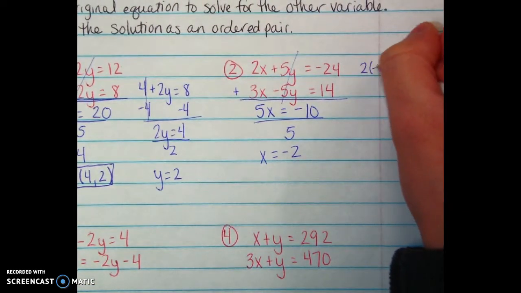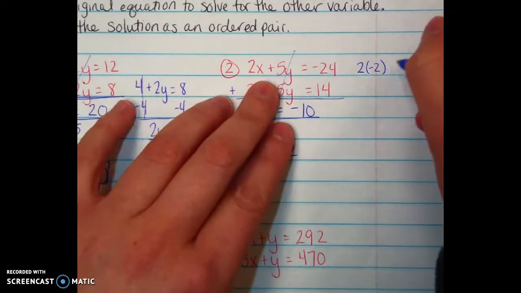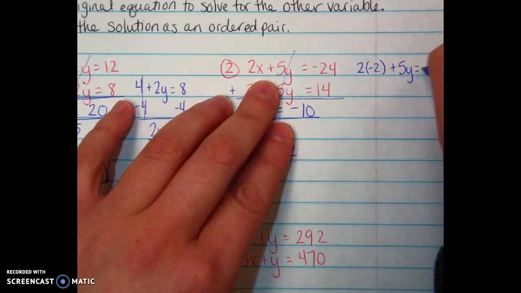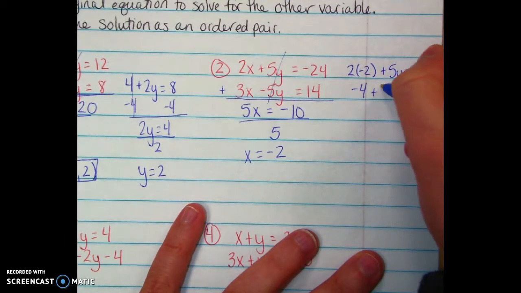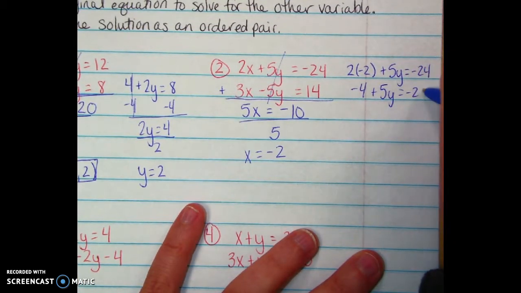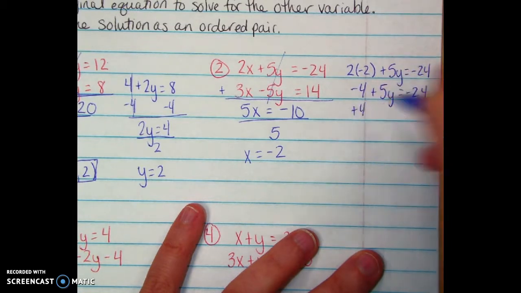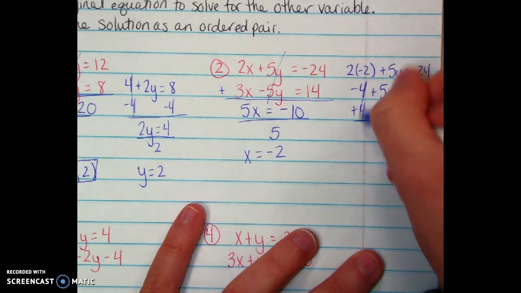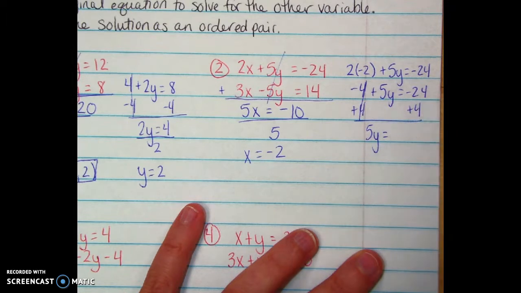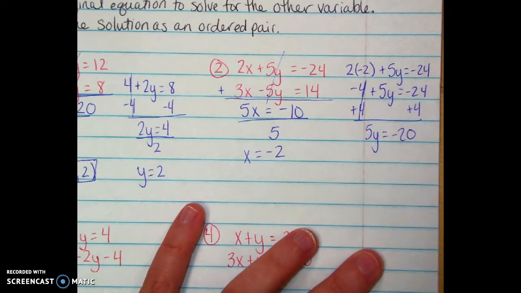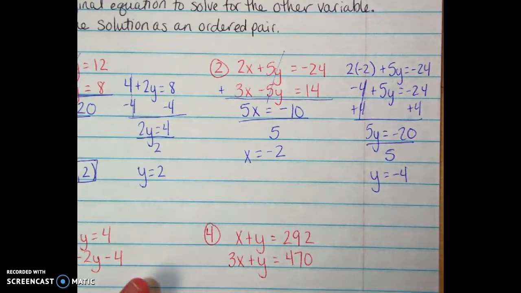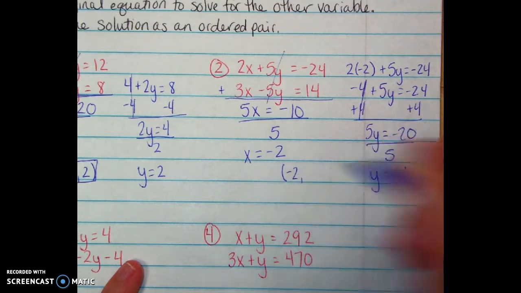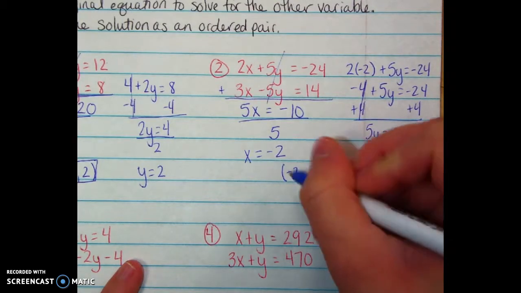So 2 times negative 2 plus 5y equals negative 24. This is negative 4. Add 4 to both sides. I get 5y equals negative 20. Divide by 5, and y equals negative 4. So final answer is negative 2, negative 4.